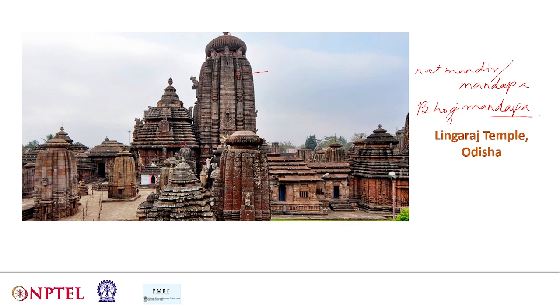Similarly, in this particular style of architecture also, this is the Deul and this is the Jagmohan. Jagmohan basically covers the mandapa, and in front of it there is another mandapa, in front of the Jagmohan.